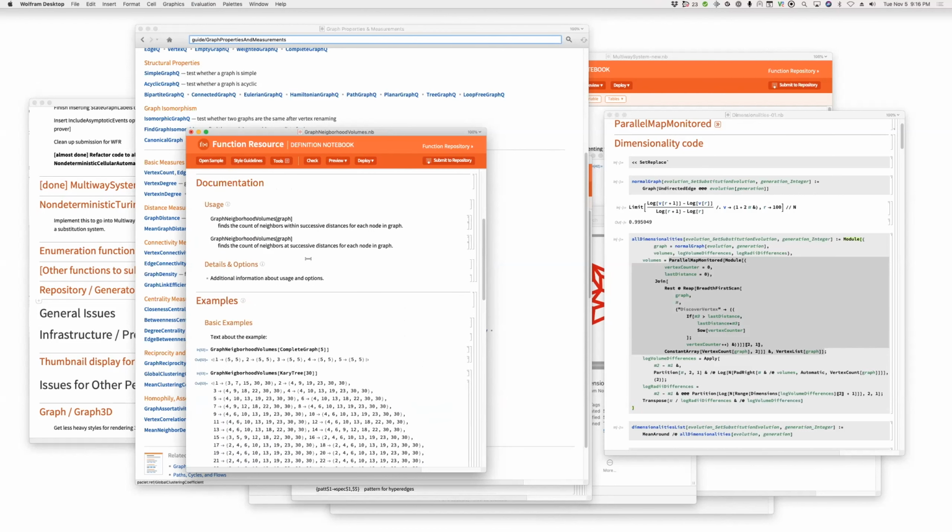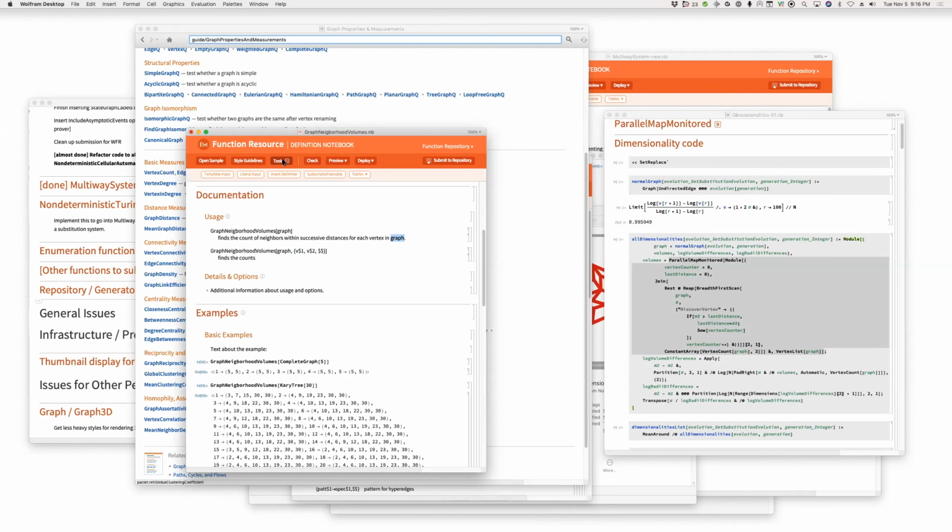Okay, and then what we have to do finds the counts for the vertices v sub i.